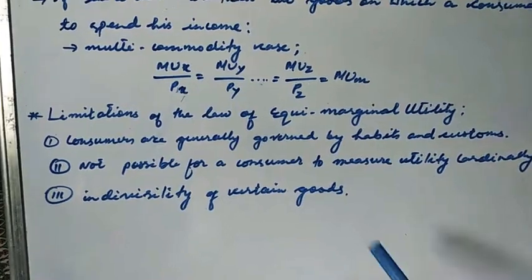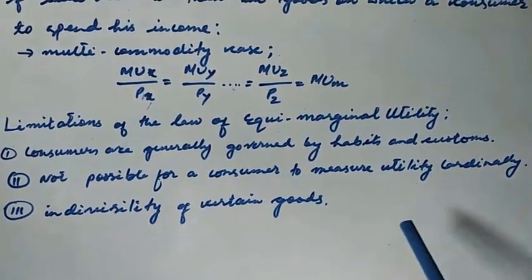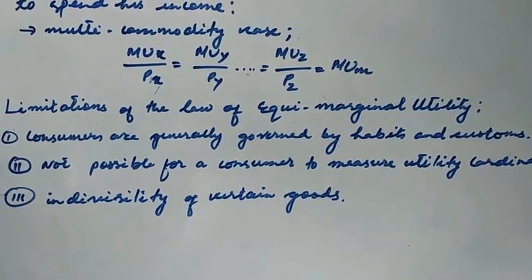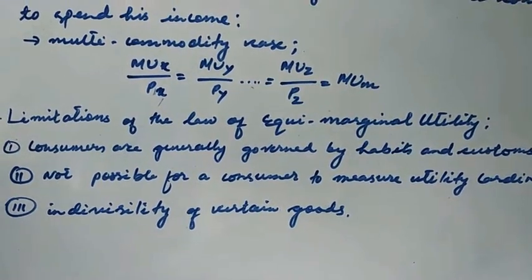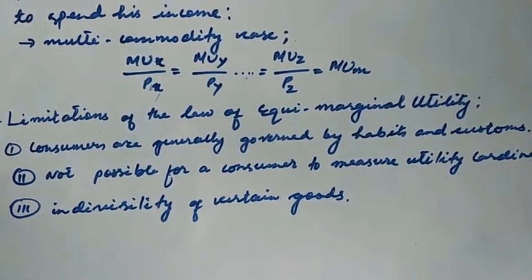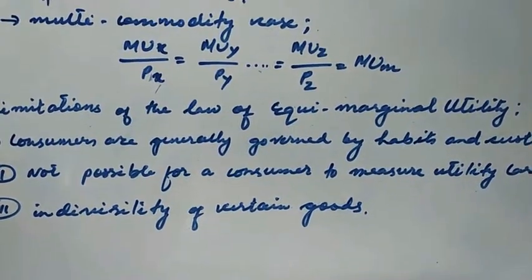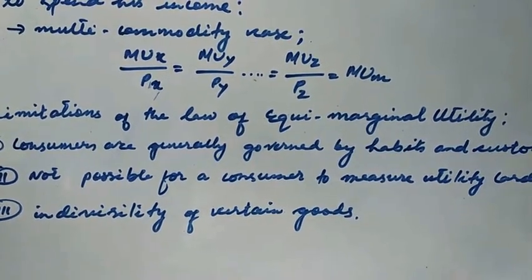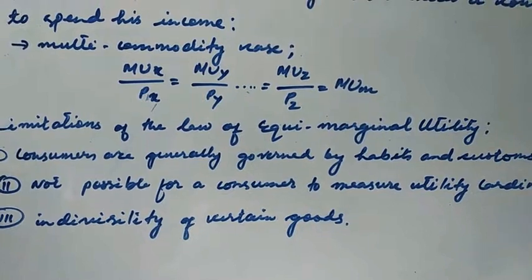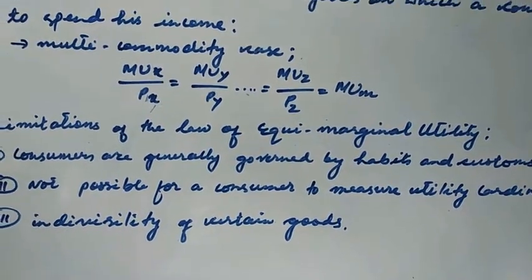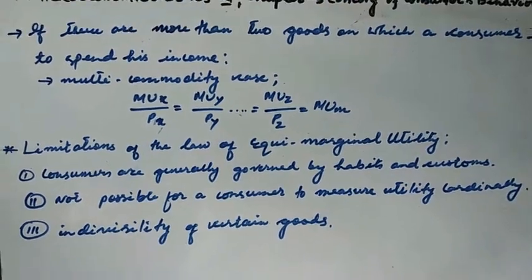Number two, it is not possible for a consumer to measure utility cardinally. In cardinal terms, utility is not possible to measure. Some economists, like J.R. Hicks and Allen, have suggested ordinal utility analysis, which makes use of indifference curves.